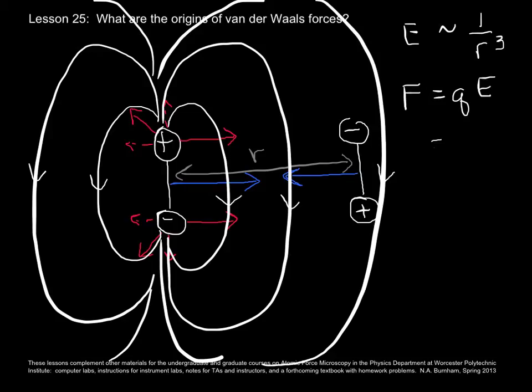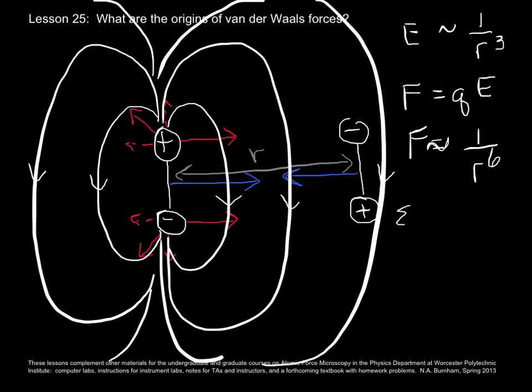And if these dipoles we've been speaking about are polarizable, which they all are, then the amount of charge that is polarized is also dependent on the electric field. So the force from a single interaction is proportional to 1 over r to the 6.